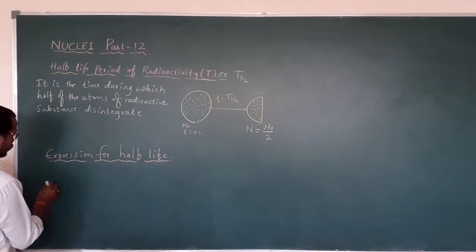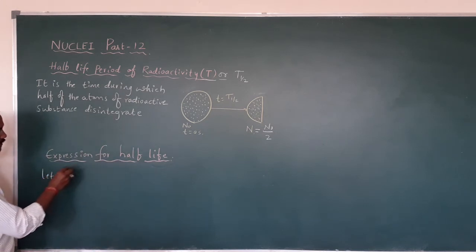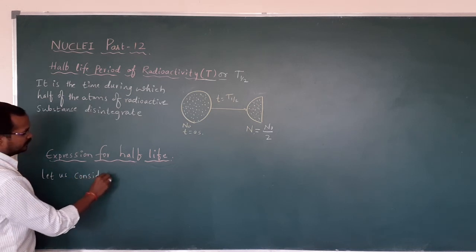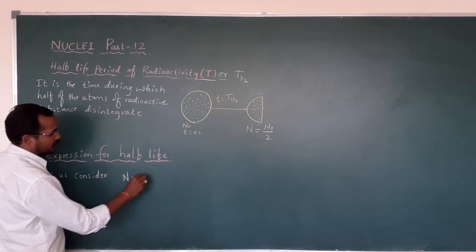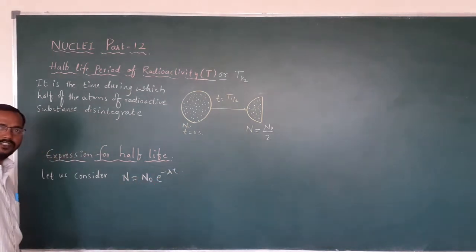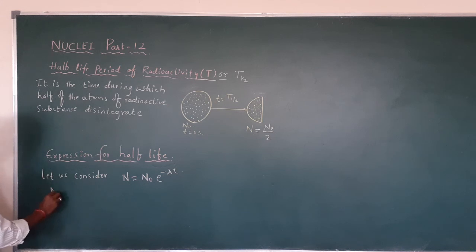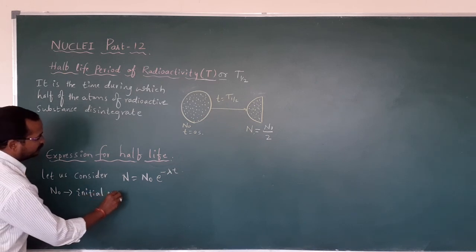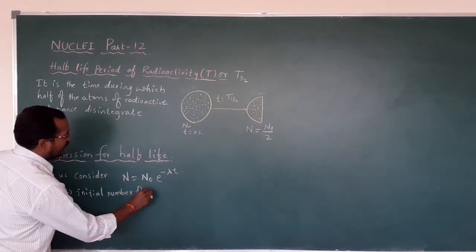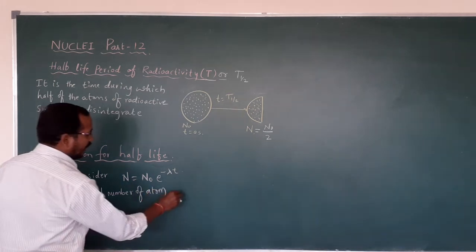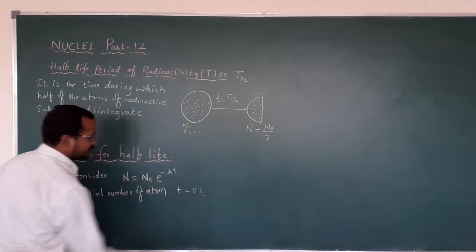So to derive the expression for half-life, let us consider the equation N is equal to N naught e raised to minus lambda t. Consider this equation, where N naught is the initial number of atoms present in a radioactive substance at time t equal to 0 second.